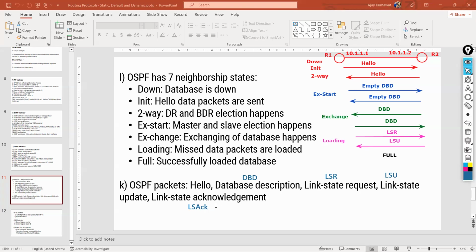They will acknowledge that, okay, I have received your information. And this is how these states change, and this is how these messages go. Now this is clear, what the neighborship states are and what the messages are? Yes or no? Clear? Online people? Clear? Okay.